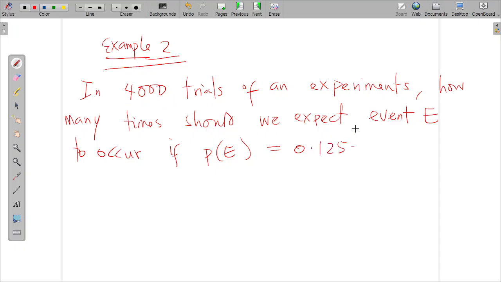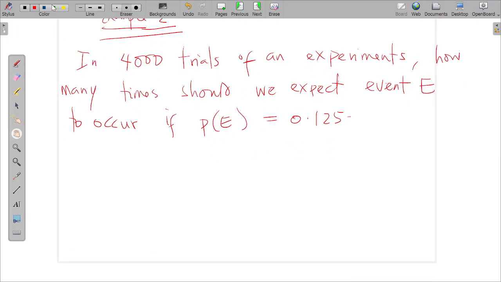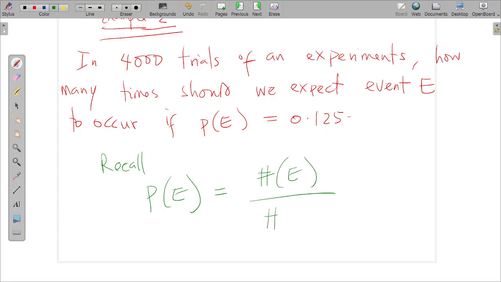Now we want to find how many times event E should occur. Recall that the probability of E is the number of E over the number of the sample space. The sample space here is 4,000, and we are given the probability.